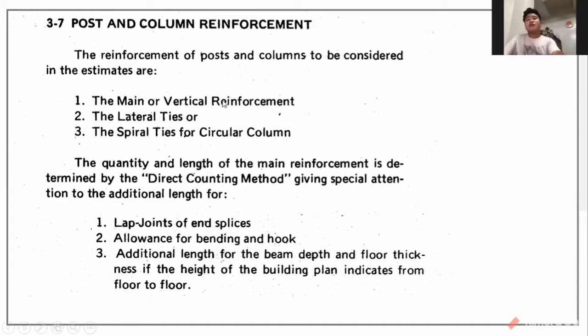First is the main or vertical reinforcement, and then the lateral ties. These are actually for the column or beams, and then the spiral ties for circular columns. I think all of these are familiar to us.